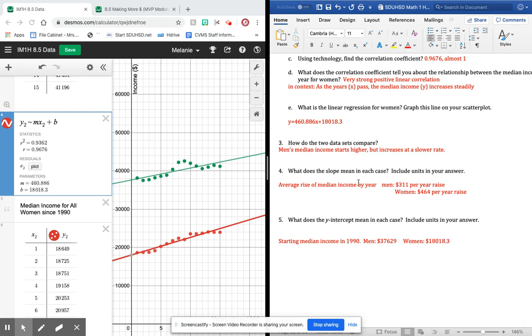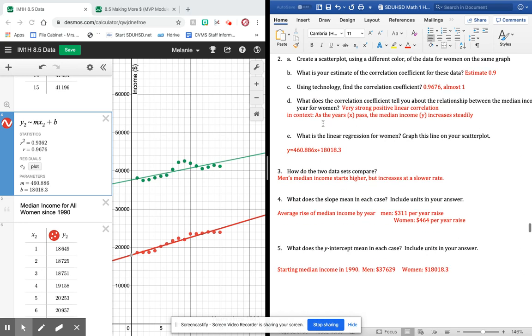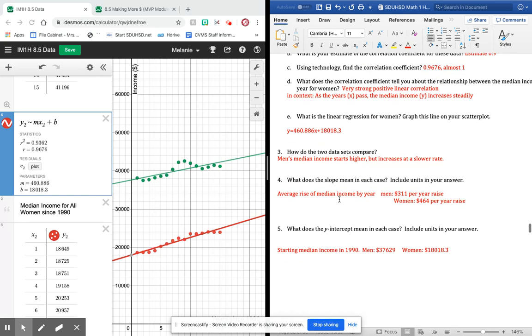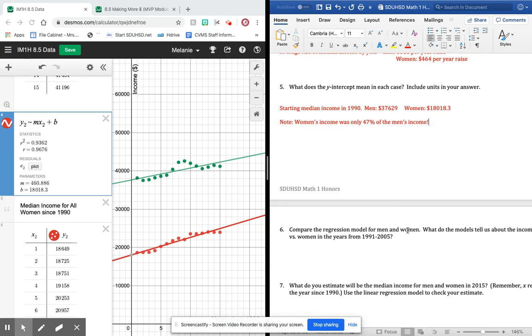So notice that we're not taking this information from the table. We're actually taking it from our equation. So I thought it was just interesting to note that the women's income was only 47% of the men's income. Not that that was asked, but I thought it was interesting.